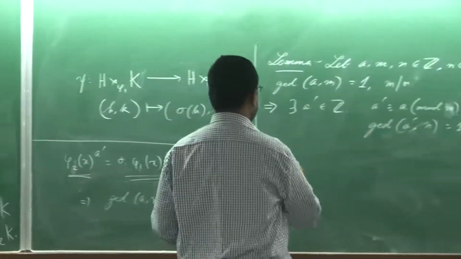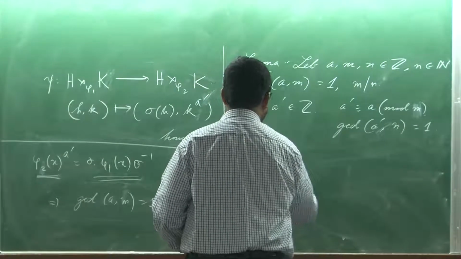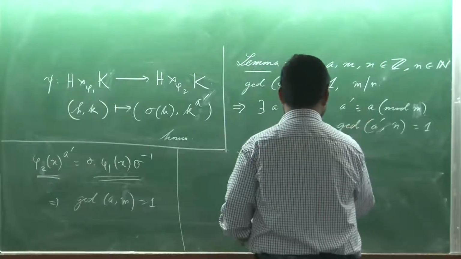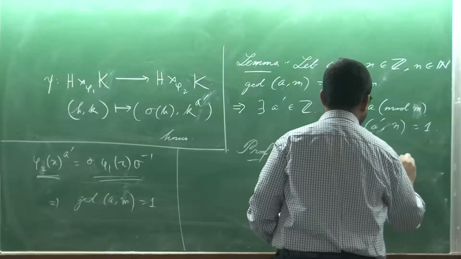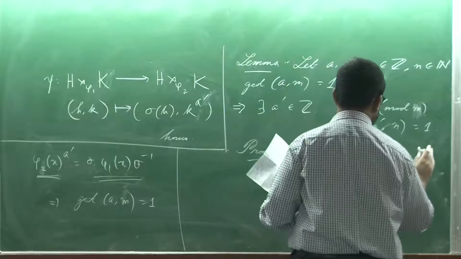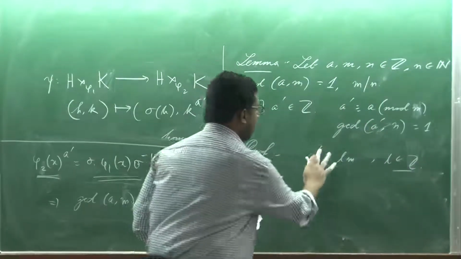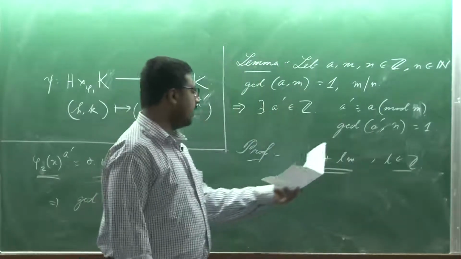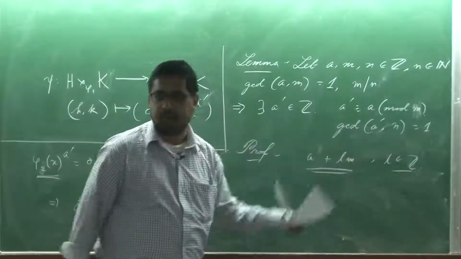Okay. So the proof of the lemma is quite simple. The A prime that we are going to look for must be of the following form, for some integer L, this A prime must be of this form. Now we have to choose L appropriately so that the GCD becomes 1.